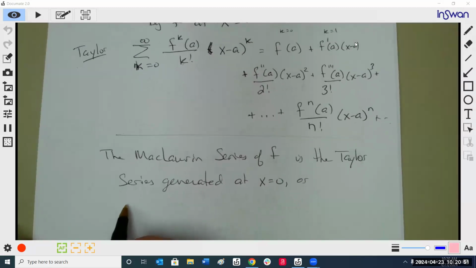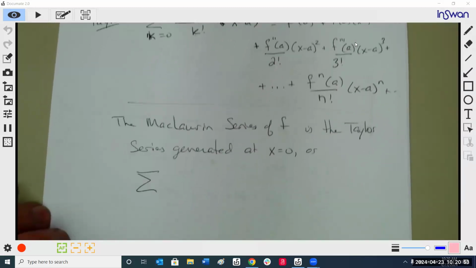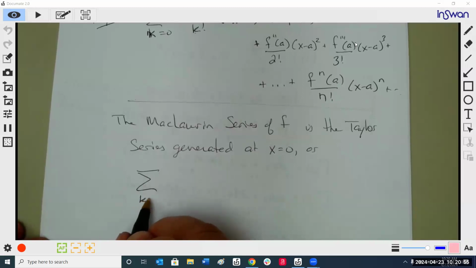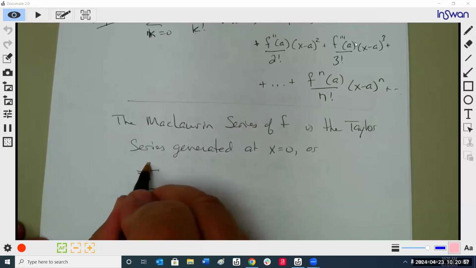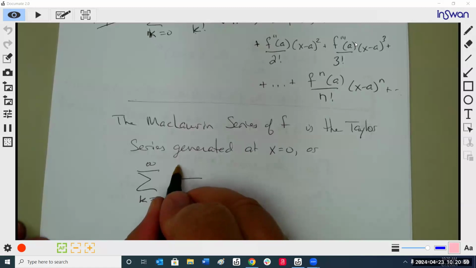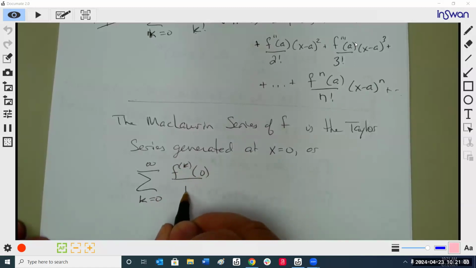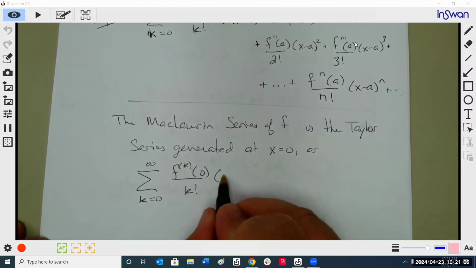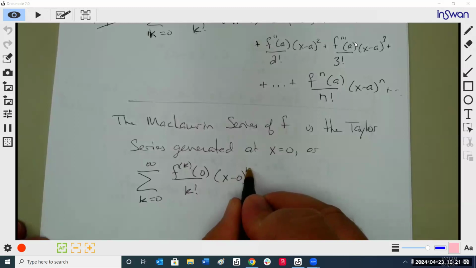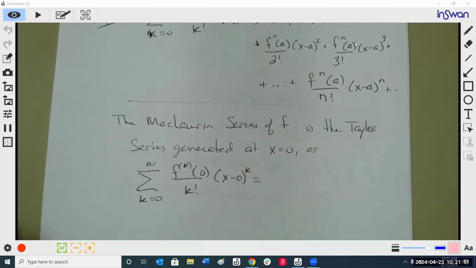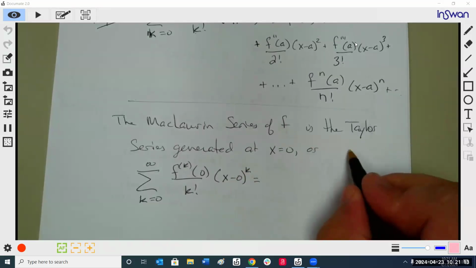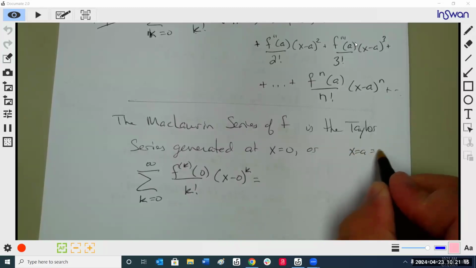Or, the sum as k goes from 0 to infinity of f^(k)(0) over k factorial times (x minus 0)^k. Remember, x equals a, that's 0.